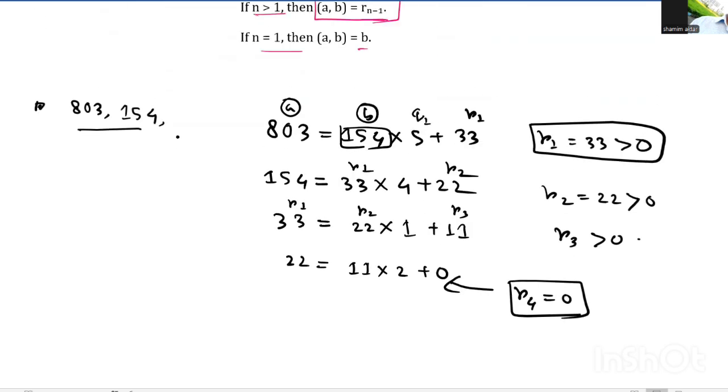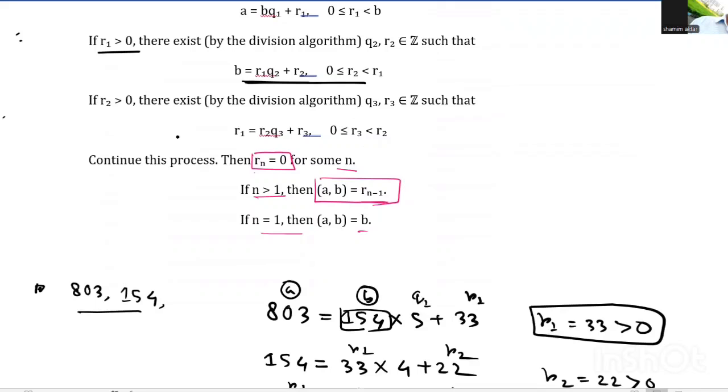Now applying the Euclidean algorithm, when rn equals 0, then r(n-1) is the GCD.